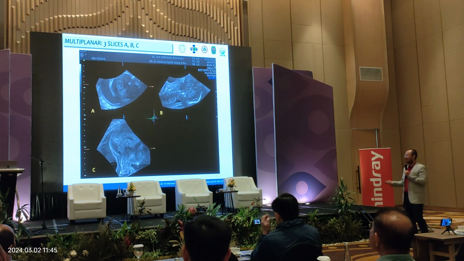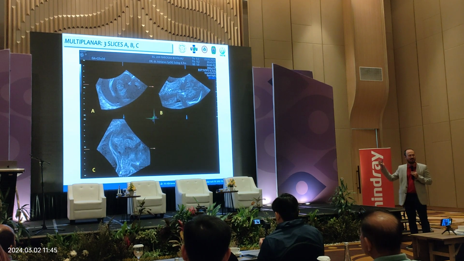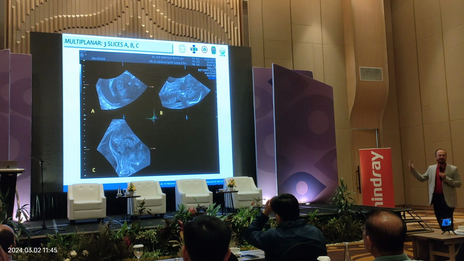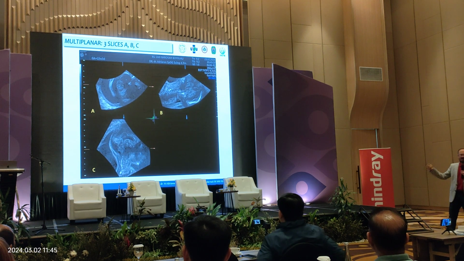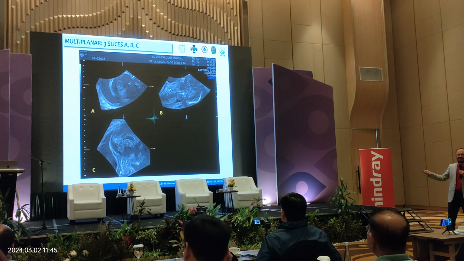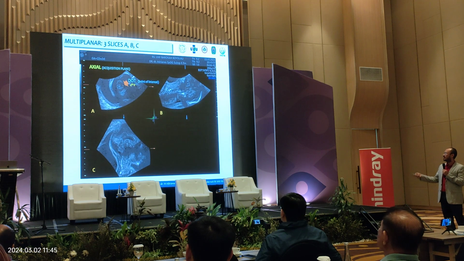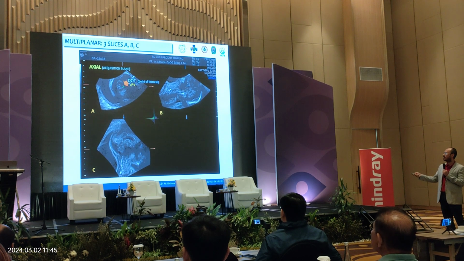Now, I want to know from the participants, the audience, whether this is multiplanar or tomography. This is multiplanar. The acquisition plane is here, and the point of interest is here, with the dot in the fourth ventricle.